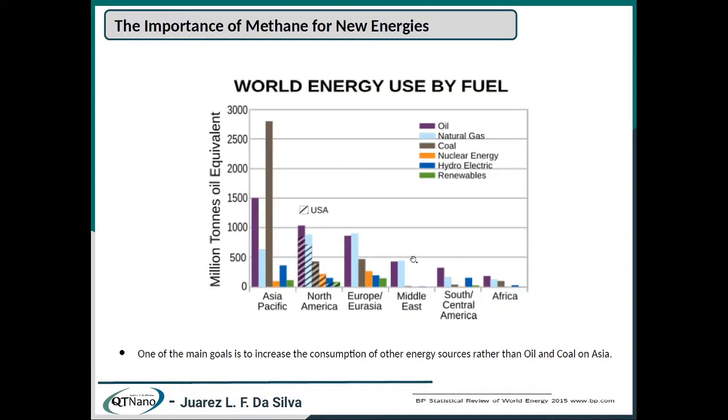This graphic is an indication that the scenario is also true worldwide, specifically in North America, Europe, the Middle East, Africa, and South and Central America. But as you can see here, Pacific Asia also has a high consumption of coal and oil.